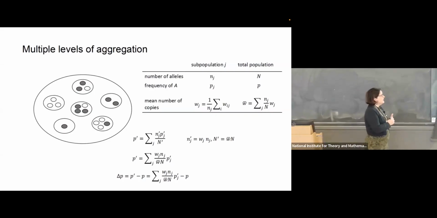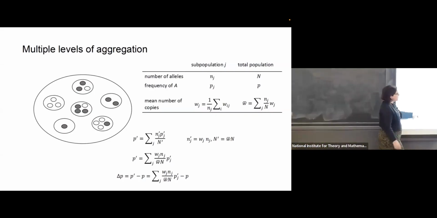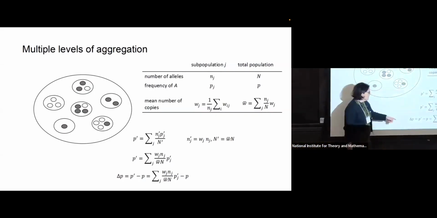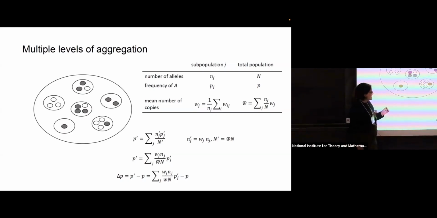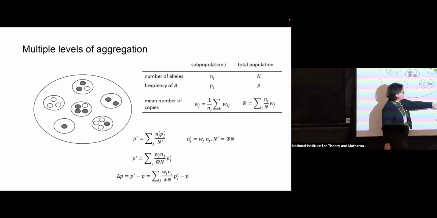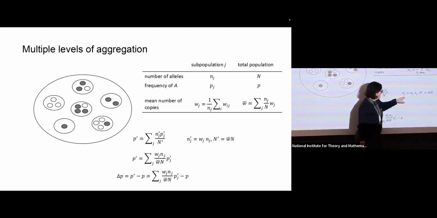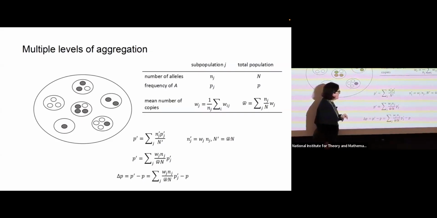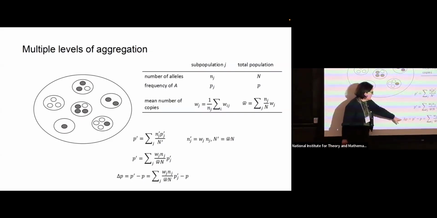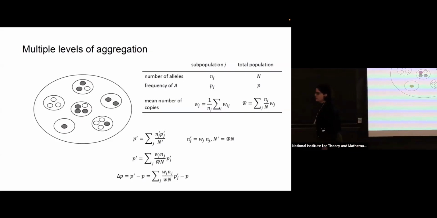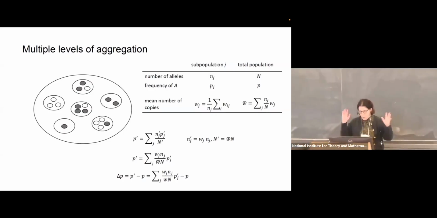Do the same thing that we did before. We really want the change in the frequency of big A from one generation to the next. So using some definitions, using these to let us track what's going on, we can write out an equation for the change in the frequency of big A overall for the whole population.